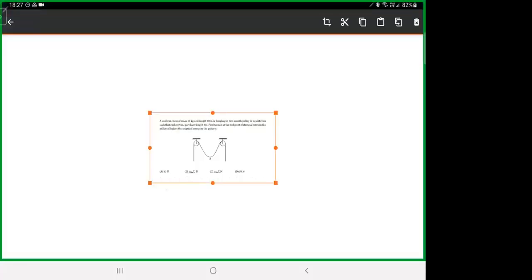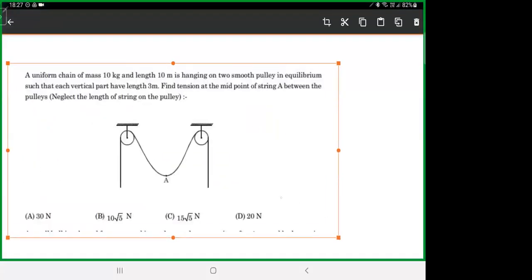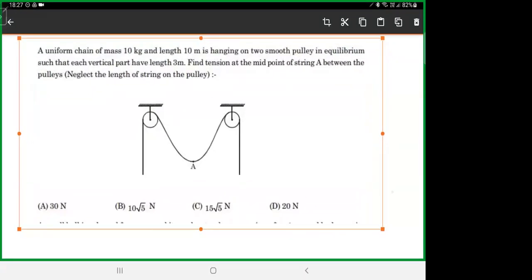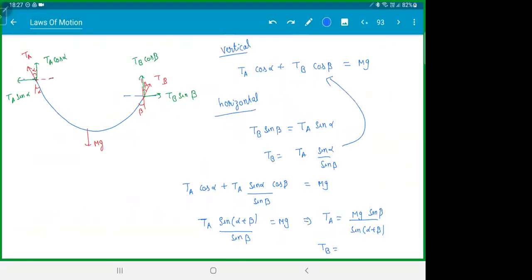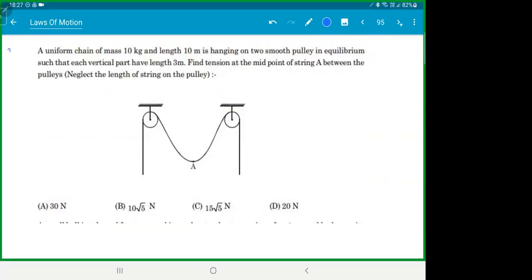Let's get this one. Something similar. We have a mass chain of 10 kg hanging from two pulleys, 10 meters, and so on. Find the tension at the midpoint A between the pulleys. Give it 2 minutes.